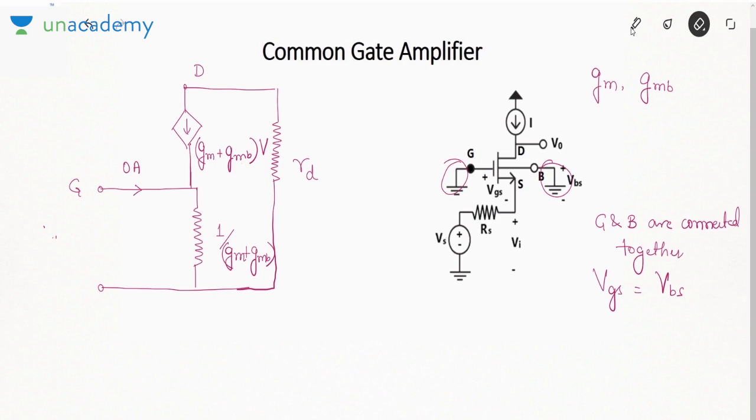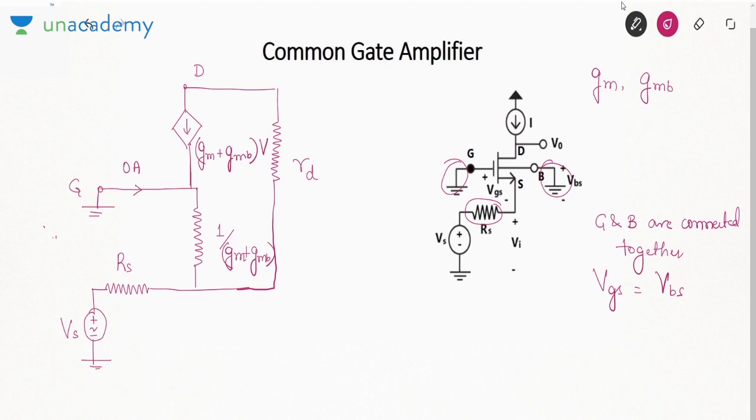Now let me modify this circuit. The gate terminal is grounded, so I am grounding the gate terminal. But in this figure, if you see, RS is connected to the source, and this RS has a voltage Vs behind it, like this. Okay.